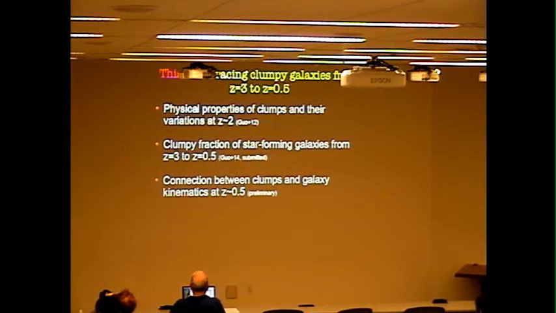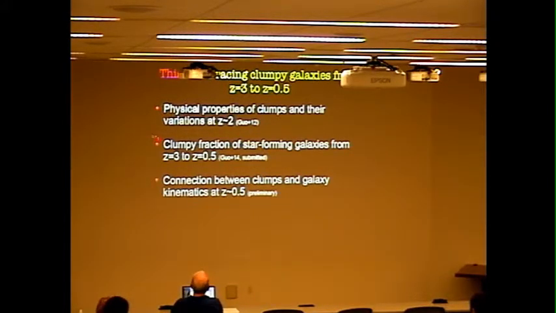But still, I think the HST broadband image has its own advantage because it allows you to investigate a broad, wide redshift range, it allows you to go to smaller, fainter galaxies, and also it allows you to get a much larger sample.